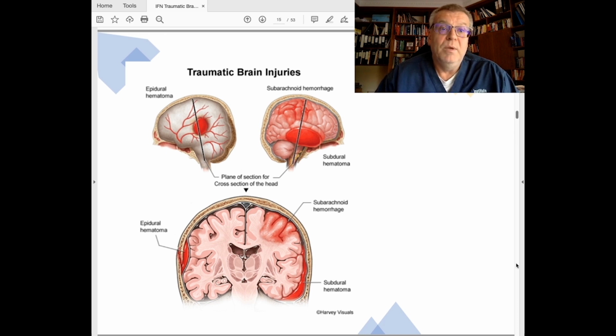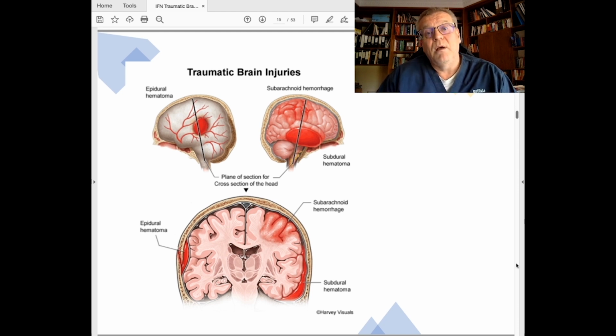Okay, so if they're outside of the dural borders, between the dura and the skull, we call it an epidural hematoma.